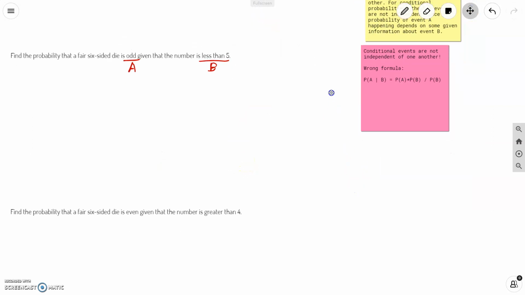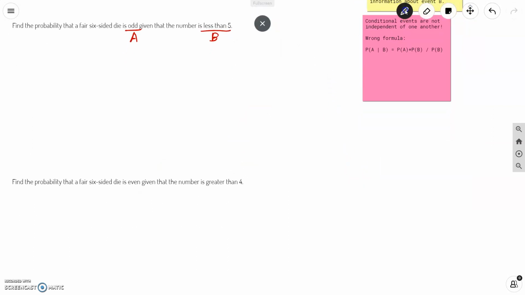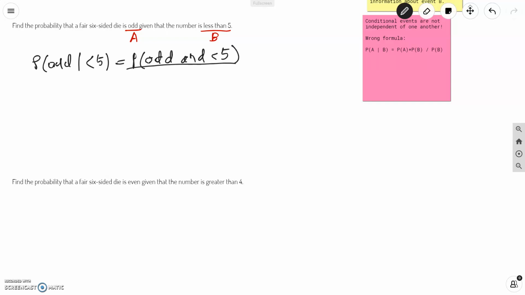The probability of being odd, given that the number is less than 5, is equal to the probability of being odd and less than 5, all over the probability of being less than 5, because this is our given event.